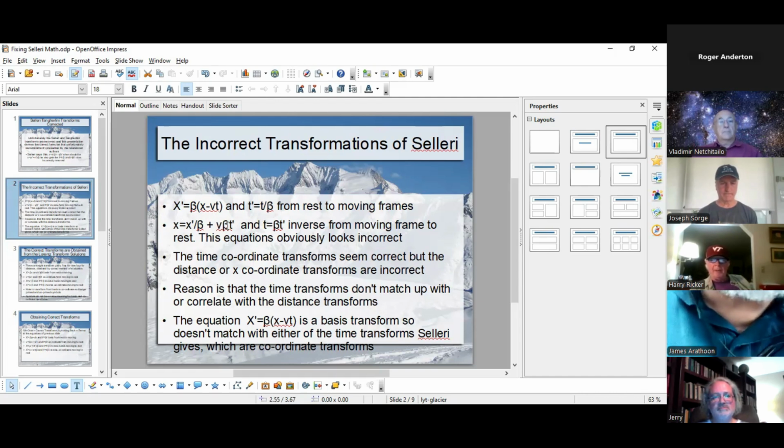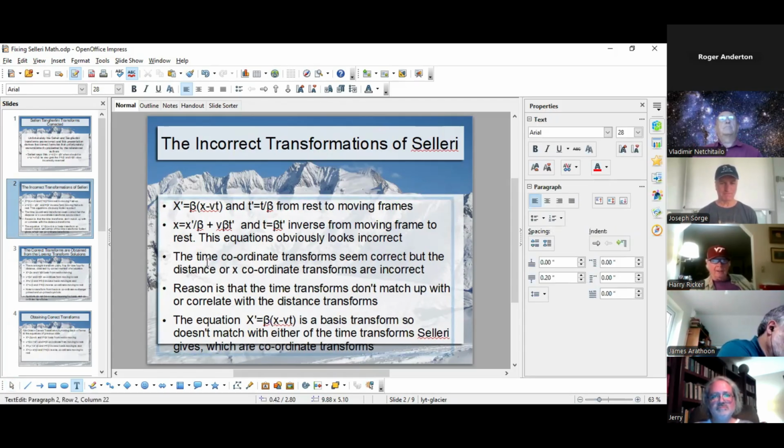I don't know what this term means. Beta t prime, what does beta t prime mean? That doesn't make any sense. And he has t equals beta t prime inverse. So now he's associated this strange equation, we don't know where it came from, with this coordinate equation.